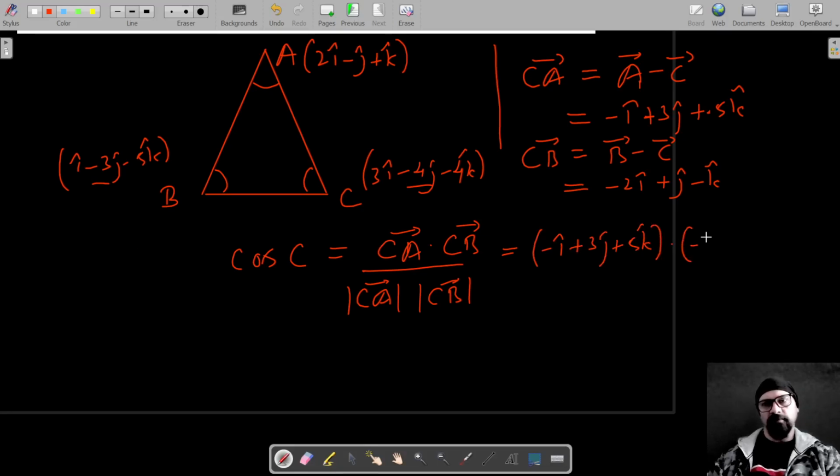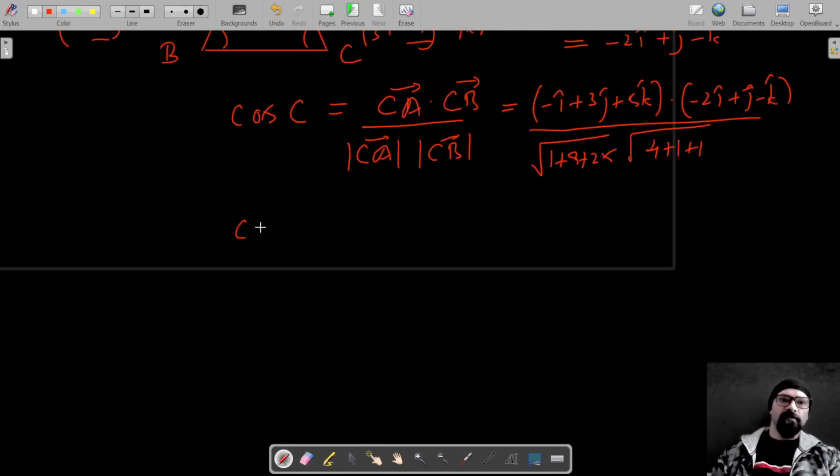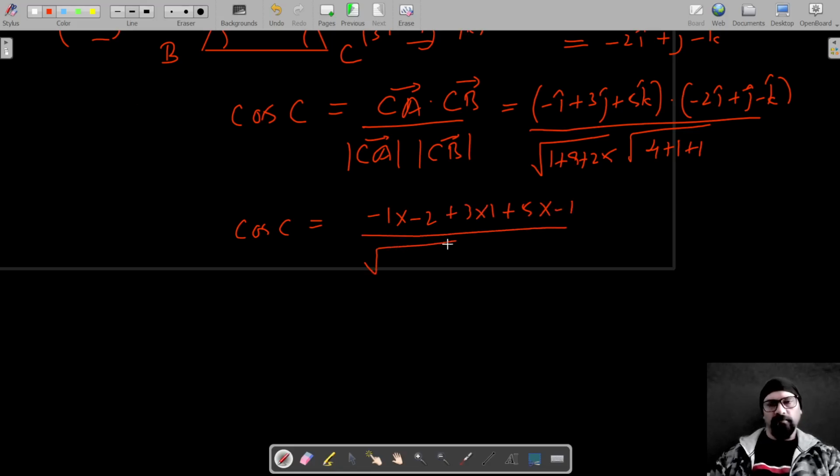Let's find out the dot product divided by the magnitude. So the magnitude of CA is root of 1 plus 9 plus 25, and this is root of 4 plus 1 plus 1. Okay, which gives me cos C is equal to negative 1 into negative 2 plus 3 into 1 plus 5 into negative 1, upon root 35 and root 6.